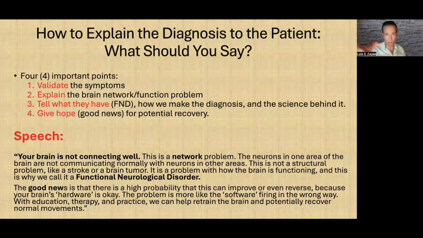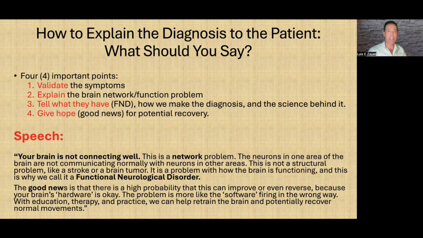You tell that to the patient, and the patient starts scratching the head. Because what is conversion disorder? It's getting more complex, right? That's why I didn't mention that word. But anyway, you validate the symptoms. You explain the brain network function problem that the patient is having. You tell the patient what they have.